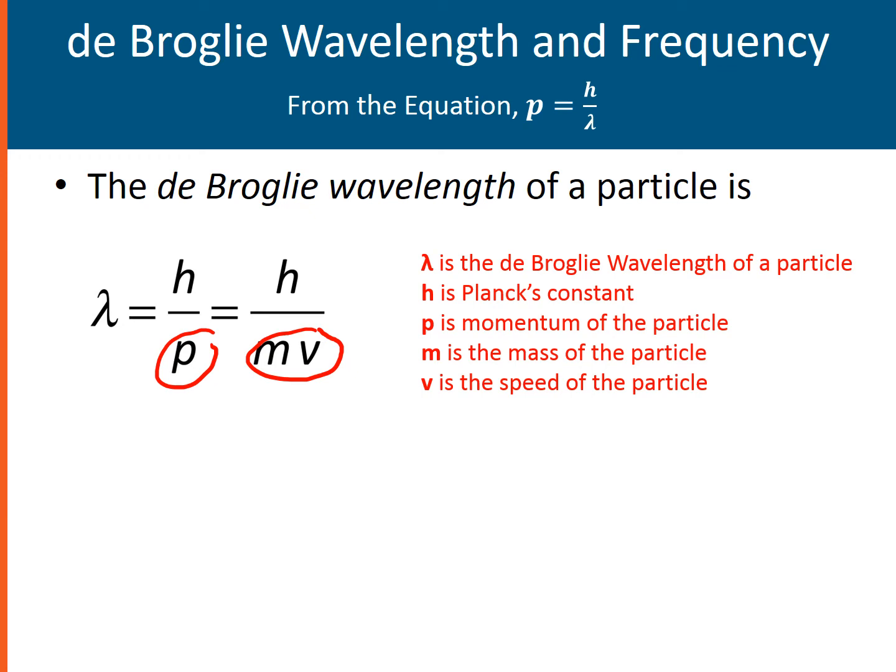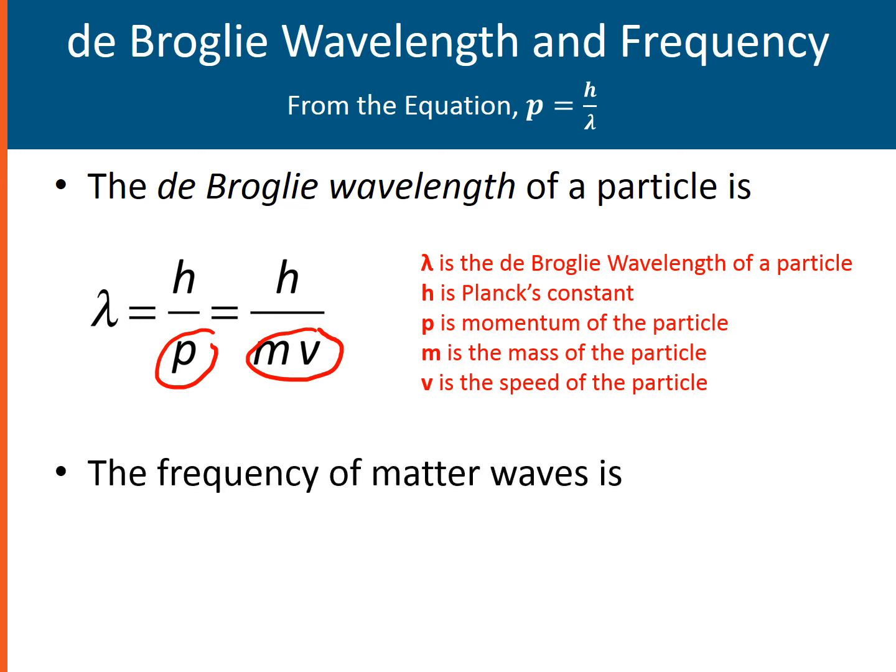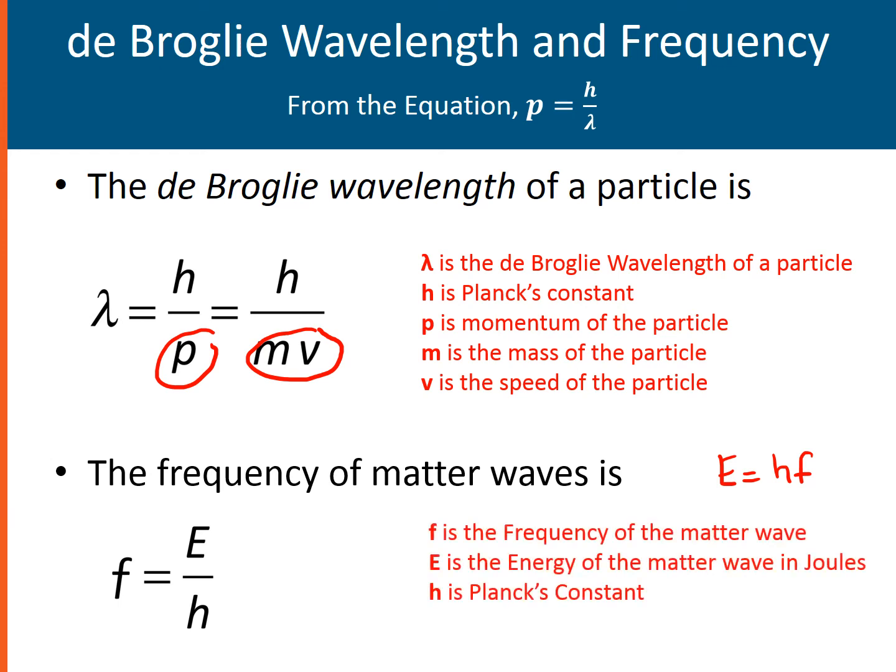He said that matter waves would also obey E is equal to hf, and therefore the frequency of a matter wave can be written as f is equal to E over h, where f is the frequency of the matter wave, E is the energy of the matter wave in joules, and h is the Planck's constant.